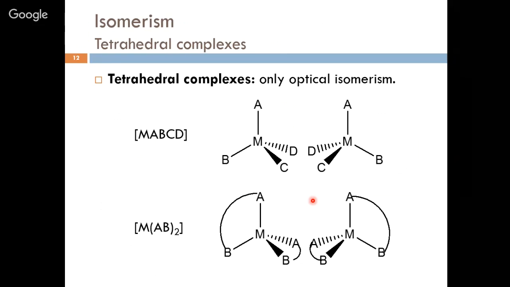All right, if we have tetrahedral complexes, then we can only have optical isomers. In the case that we have essentially a chiral center here where we have 4 different ligands attached to the metal, then we can have these mirror images occurring. If we have instead bidentate ligands, then we can have mirror images.